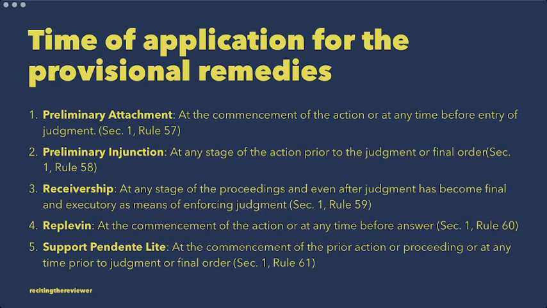Number 2, preliminary injunction, Rule 58, Section 1: at any stage of the action prior to the judgment or final order. In other words, the same as preliminary attachment, you can apply even at the commencement of the action, at any stage prior to the judgment or final order. In receivership, Rule 59, Section 1: at any stage of the proceedings, even after the judgment has become final and executory, as a means of enforcing judgment. Why?